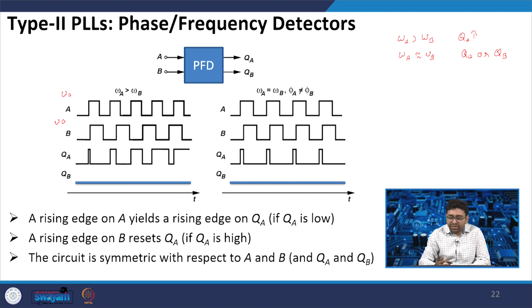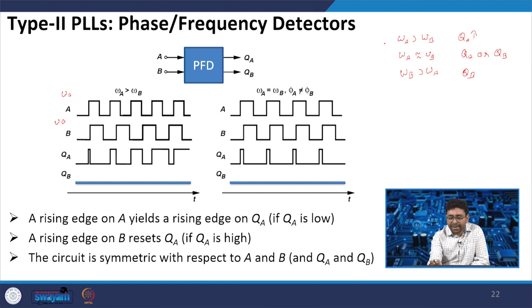Now, if there is a change in the frequency, let us see, if omega B is higher than omega A, then QB will increase. In the figure, only two cases are shown.